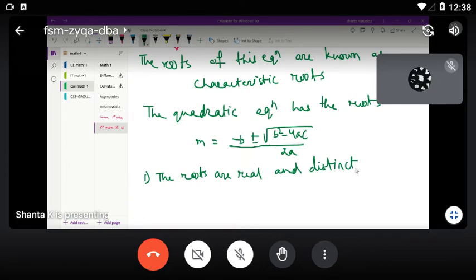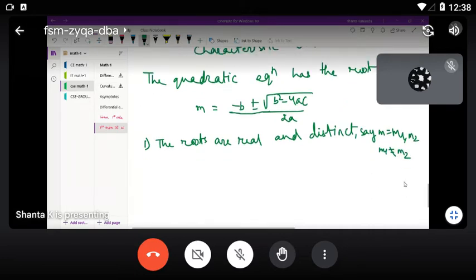Say m equals to m1, m2. They're distinct. Okay. So m1 not equals to m2. And when will we have real and distinct roots? We assume that b square minus 4ac is positive, then we will have real and distinct roots.